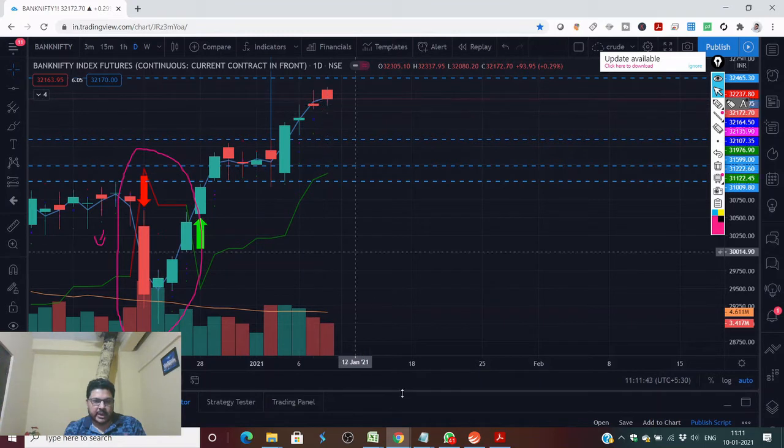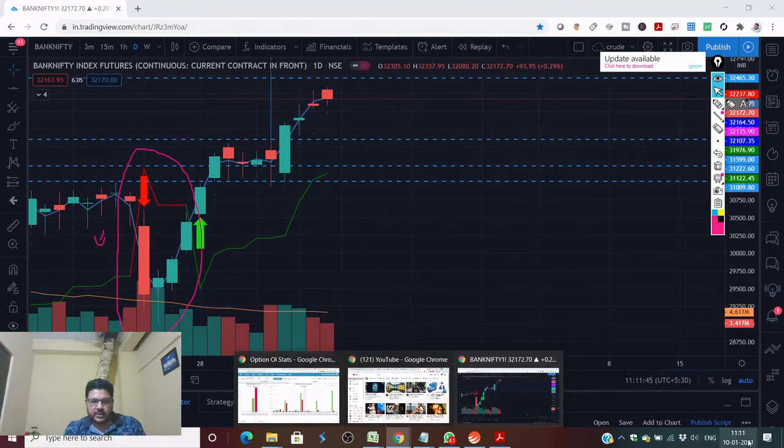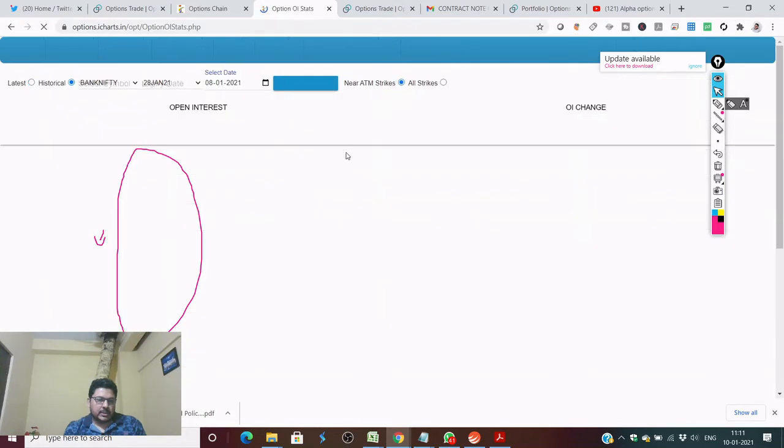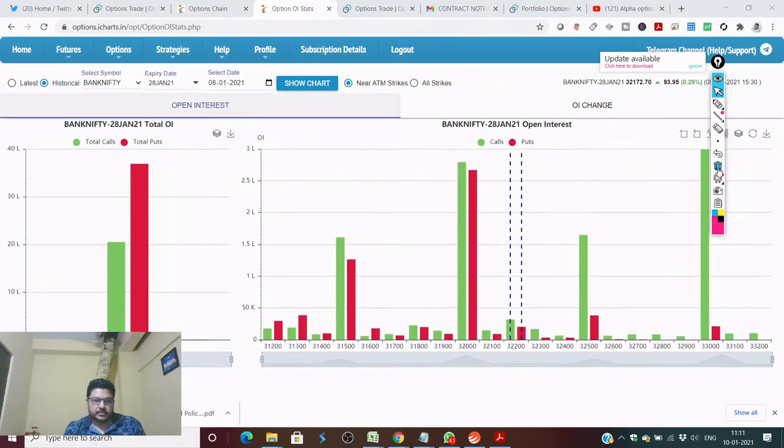So let's look at 8th Jan to predict tomorrow's movement, that is 11th Jan. So 8th Jan open interest was also high on the puts. Okay, as you can see, the 32,000 put is high, and the calls were written for 33,000, and the 31,500 put is also high.